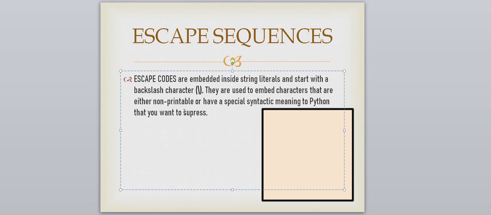So escape codes are embedded inside string literals and start with a backslash character. This is a backslash character. They are used to embed characters that are either non-printable or have a special syntactic meaning to Python that you want to suppress. Now I know that the definition is not very clear, but you should always know how to implement it. The definition is only asked in the theory section, and well, this is what it is.